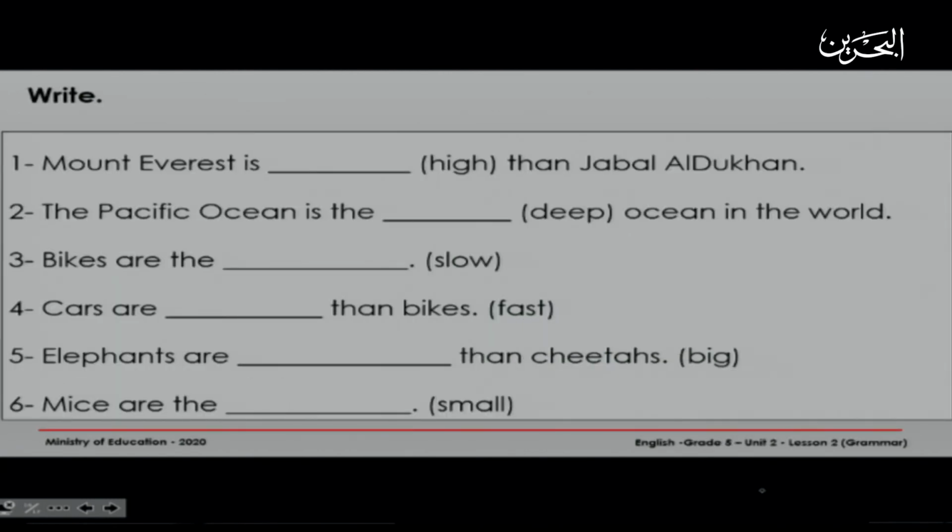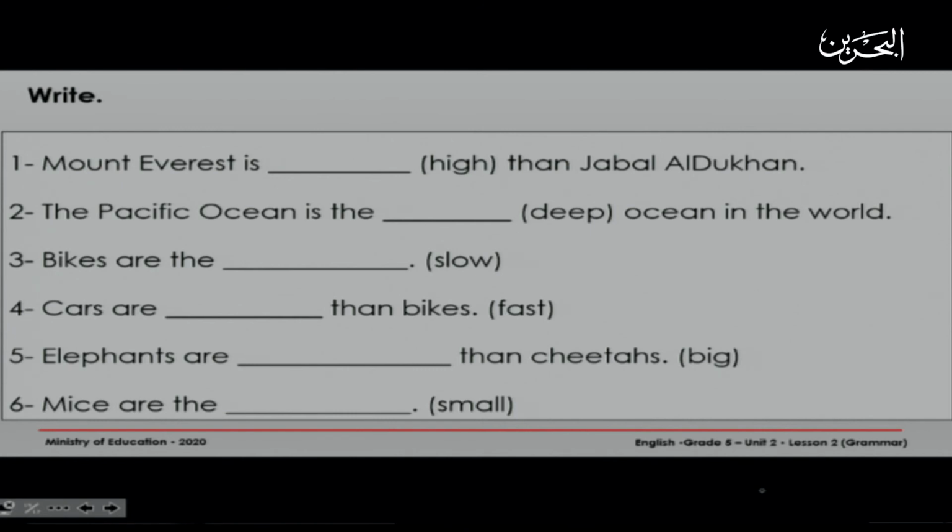In this activity, you have to fill in the blank with comparative or superlative. Remember, when you use comparative, you compare between two groups and you add ER to the adjective. And if you use superlative, you compare between more than two groups, perhaps 3 groups or more, and you add EST to the adjective.